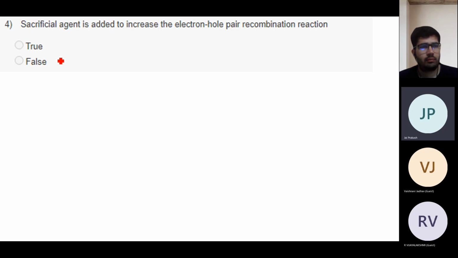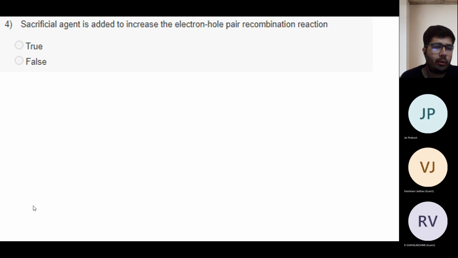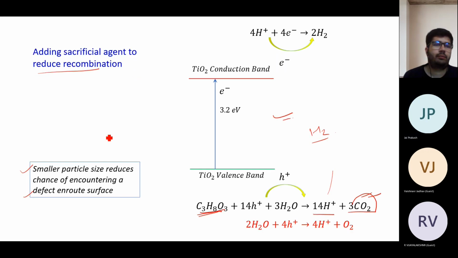The actual term I'm not remembering, but let me open that particular slide for you. So I think you will be able to recall. So here we were adding glycerol, C3H8O3.